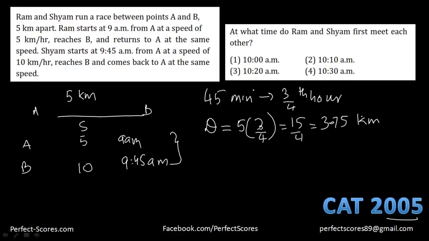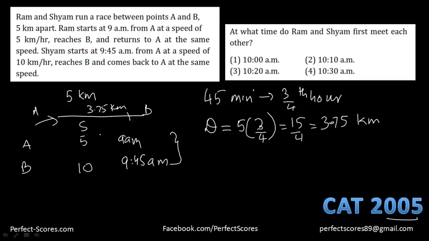So this is the distance that car A has traveled when car B started from here. So when car B started from here, the distance between them was 3.75 kilometers.